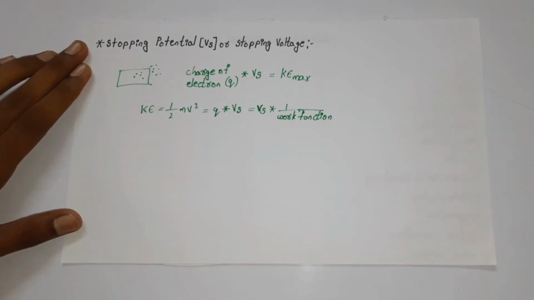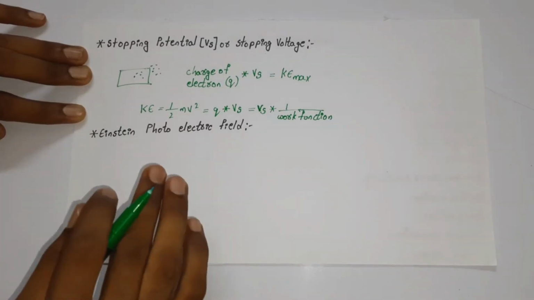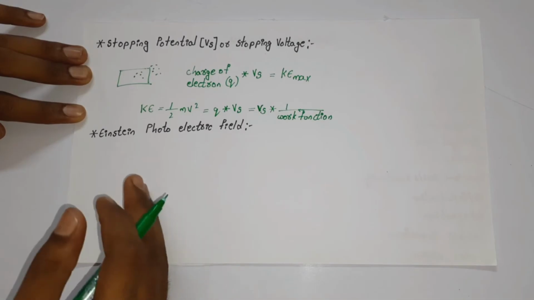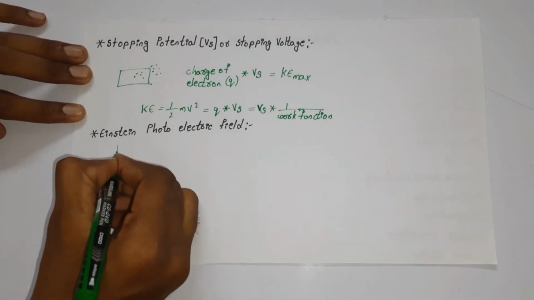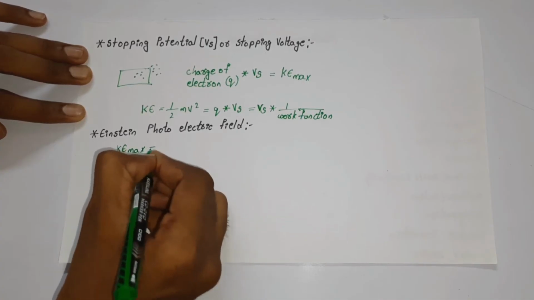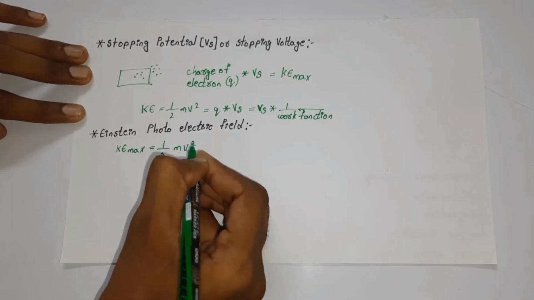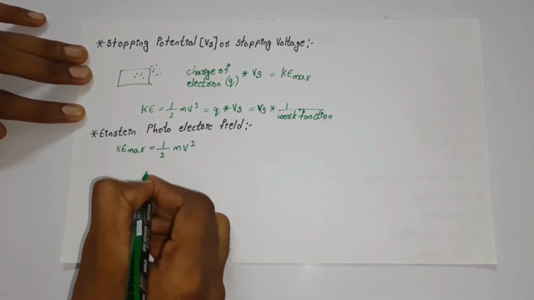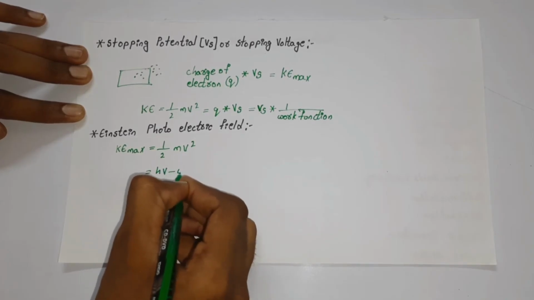Now let us see the Einstein equation of the photoelectric effect. As we know, according to the photoelectric effect, the maximum kinetic energy is given as half mv square. When this kinetic energy is given as half mv square, it can also be written as hv minus w.